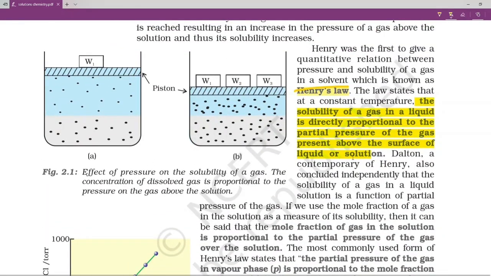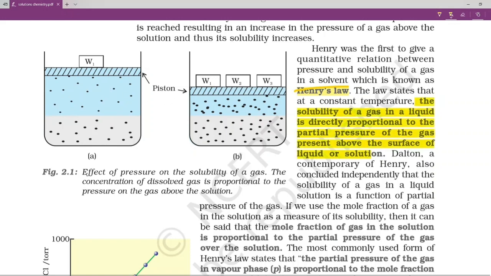One thing you need to keep in mind here is that it is discussing the solubility of a gas in a liquid. For example, here some gas was there and over that some pressure was applied.